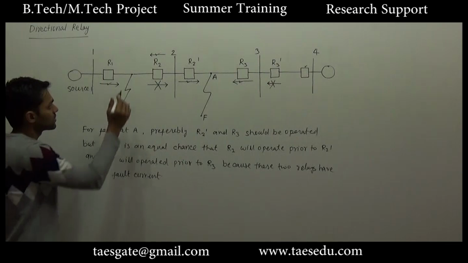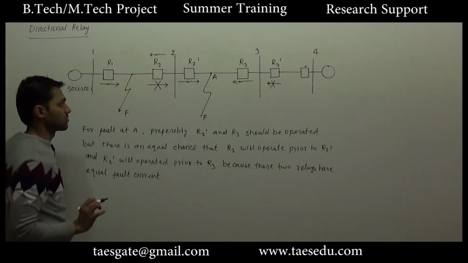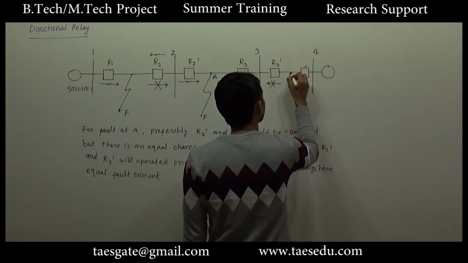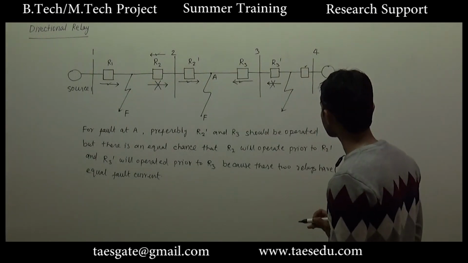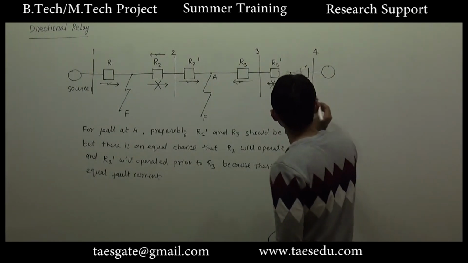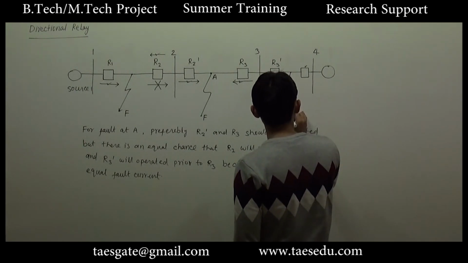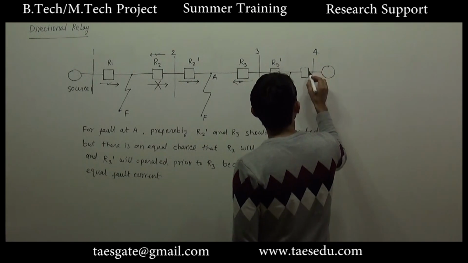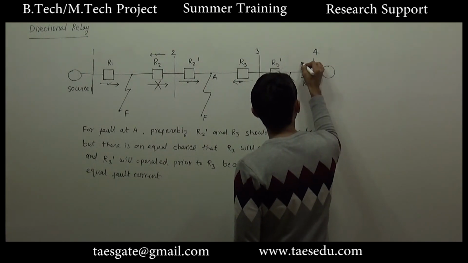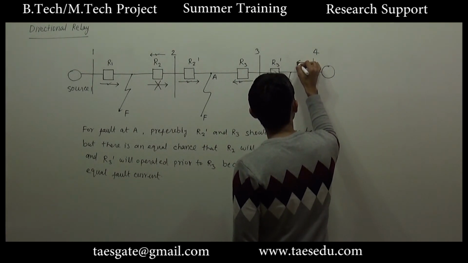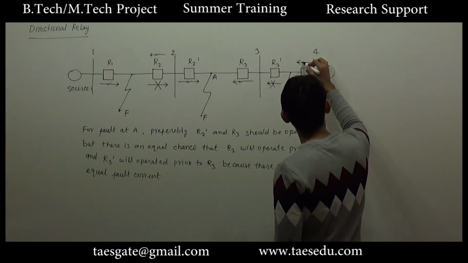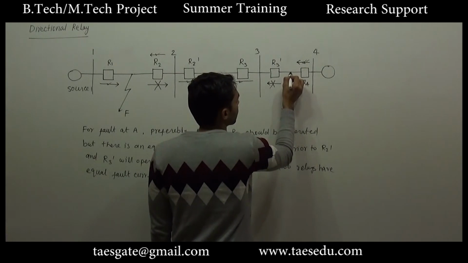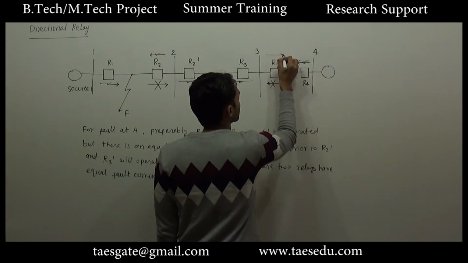So the problem of fault at this point is solved. Now again consider the problem of fault between bus 3 and bus 4. For this fault, the relay R4 should operate for this direction of current, and the direction of fault current in R3 will be from left to right.